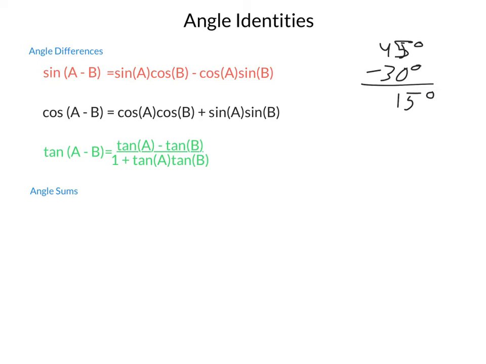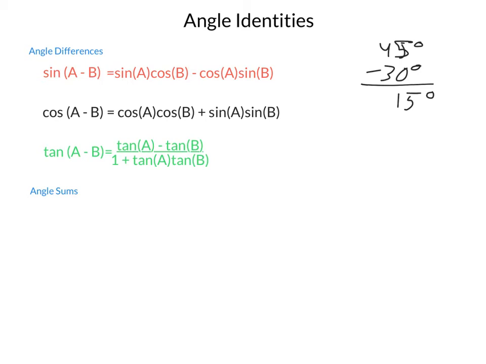So if I need to find, say, the tangent of 15 degrees, I can simply say that A is my 45, B is my 30, and then apply my appropriate A's and B's into these formulas. Now, we do have our angle differences.